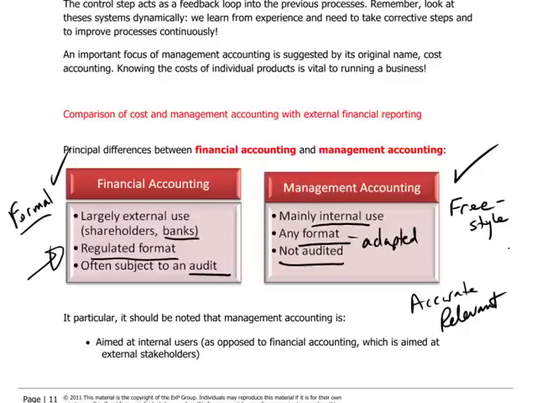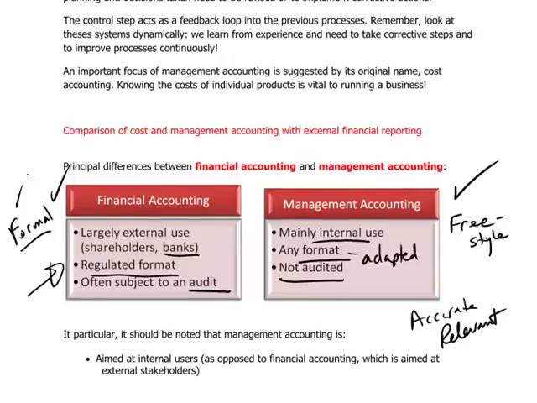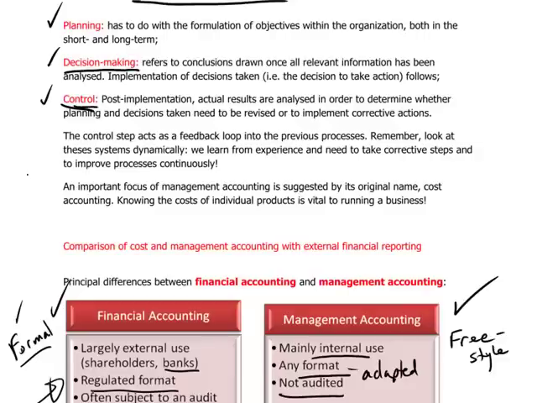A company which doesn't have a system of management accounting and focuses only on the presentation of financial accounting reports at the end of the year is a business that is in danger of not being able to plan, make good decisions, or to control their business. So remember these three key points.